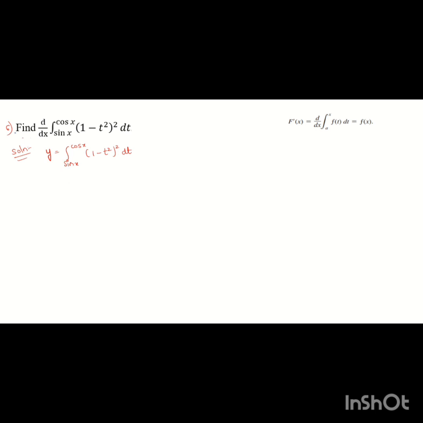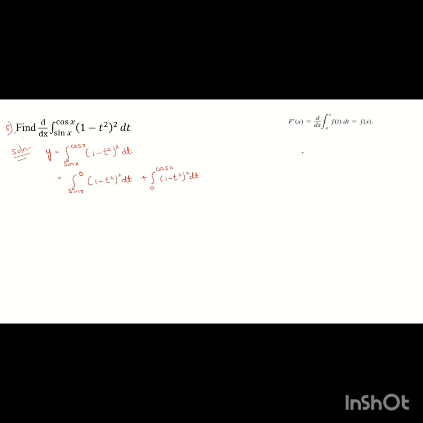So since you want from a constant to a variable and both of these are variable, we can split this as integral sin x to 0 of 1 minus t square whole square dt plus integral 0 to cos x of 1 minus t square whole square dt.